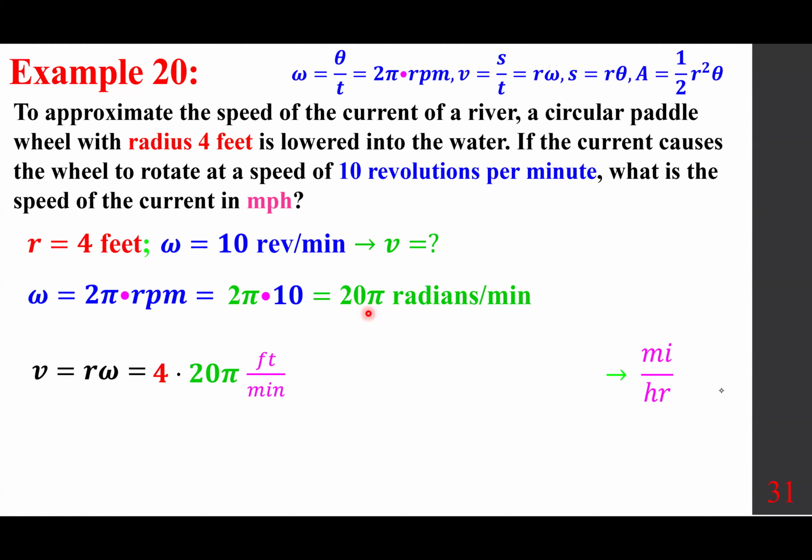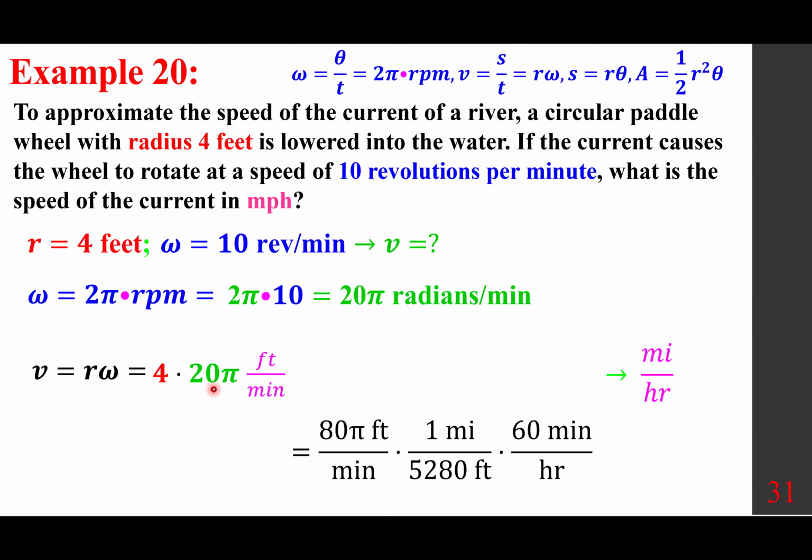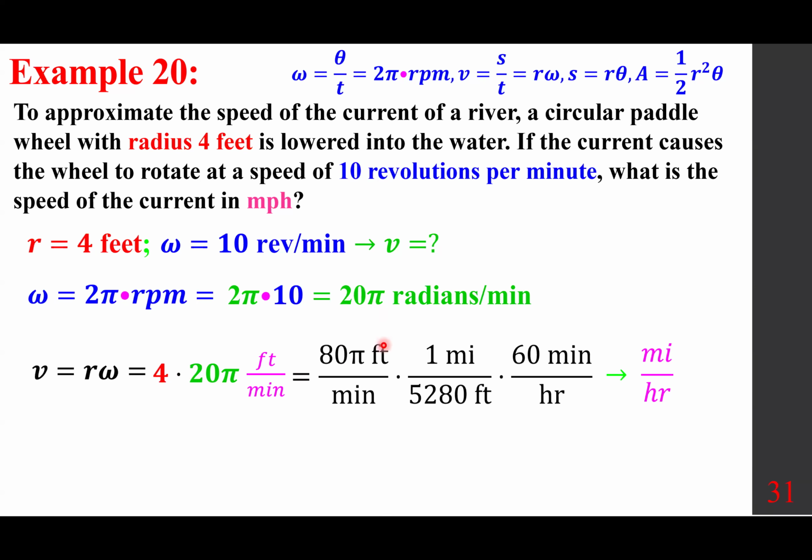So we want to change this to miles per hour. This is 80 pi feet over a minute. And remember, 1 mile is 5,280 feet and 1 hour is 60 minutes. So 80 pi feet over a minute, 1 mile over 5,280 feet, 60 minutes over 1 hour. The minutes cancel, the feet cancel.